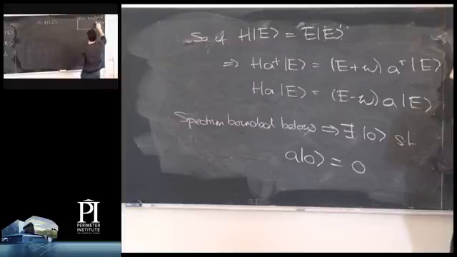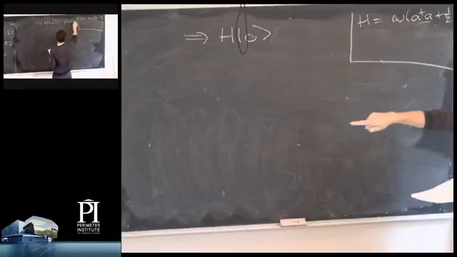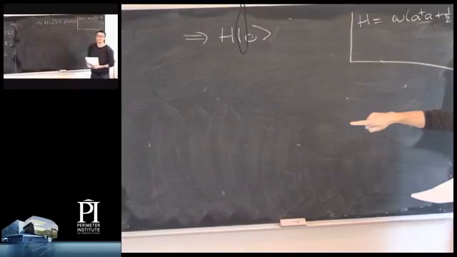I just rubbed off the equation we had for the Hamiltonian, but when we act with the Hamiltonian on the ground state, this term kills it, but we're left with this term here. Okay, so this should be very familiar. This is the ground state energy, the zero-point energy of the harmonic oscillator, a half h bar omega, but h bar is 1.